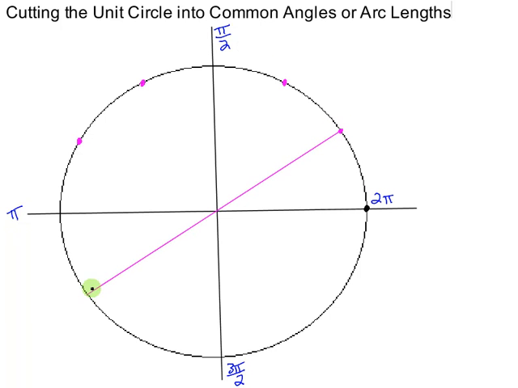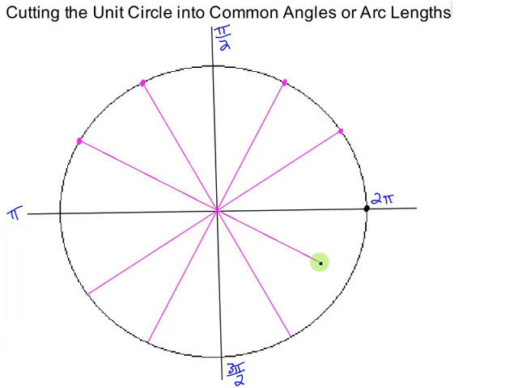Something like this. Okay, so when I take a third of a half, I get a sixth. So each of these is a sixth of pi.